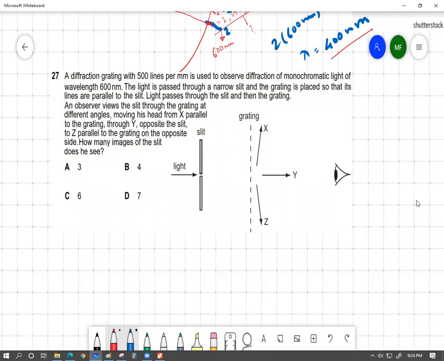The light is passed through a narrow slit and the grating is placed so that its lines are parallel to the slit. Okay, the starting conditions are all fine. Light passes through the slit and then the grating. An observer views the slit through the grating at different angles.